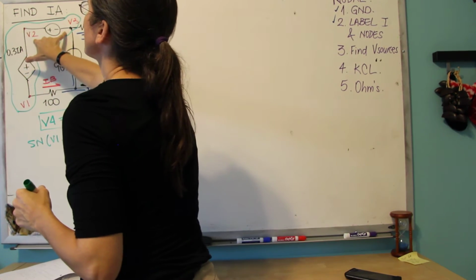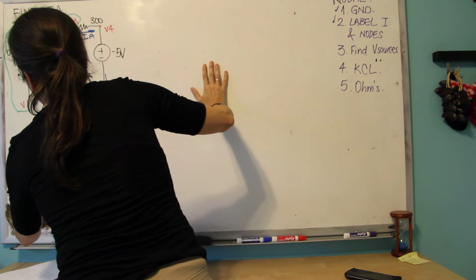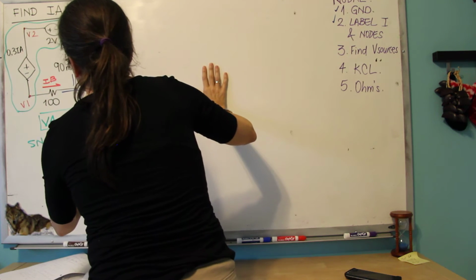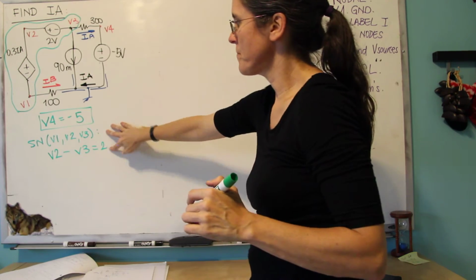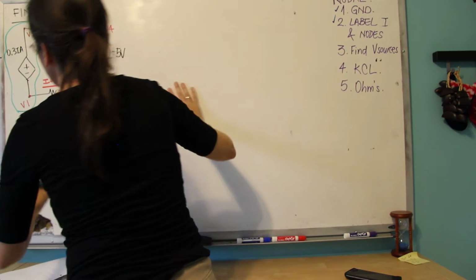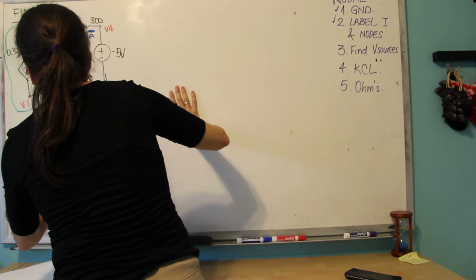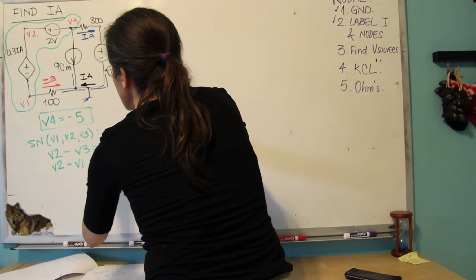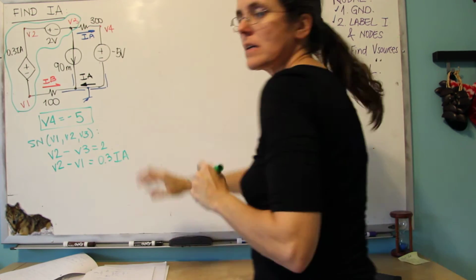First, V2 minus V3 equals 2 volts. I'm just going to write 2 for math purposes. And now V2 minus V1 equals this 0.3 IA, 0.3 times IA. And I'll find IA in a second.